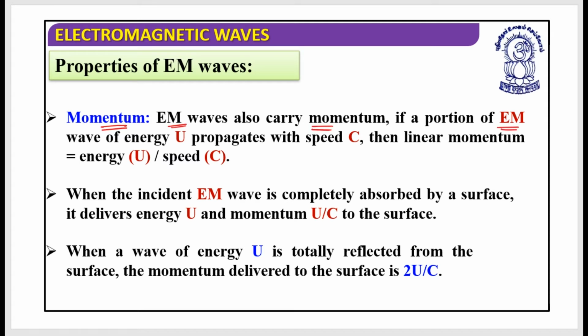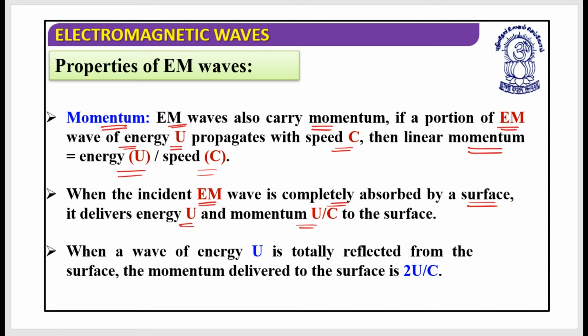If a portion of an EM wave of energy u propagates with speed c, then the linear momentum is given as energy u divided by speed c. When the incident EM wave is completely absorbed by a surface, it delivers energy u and momentum u by c to the surface.